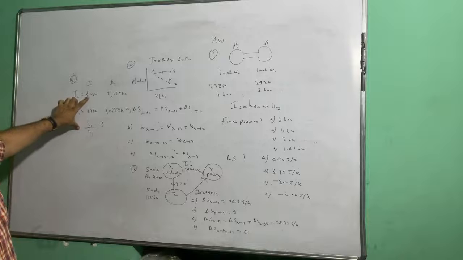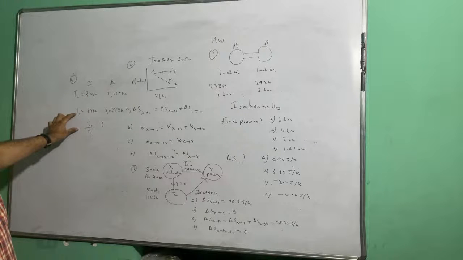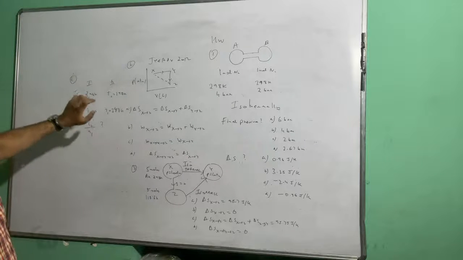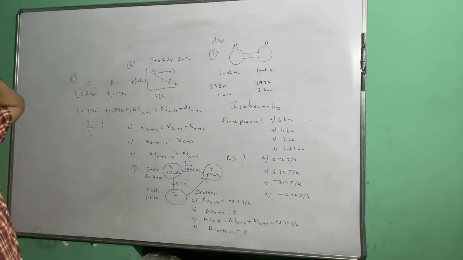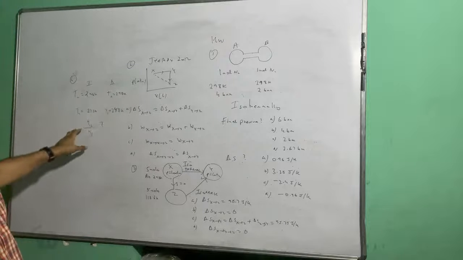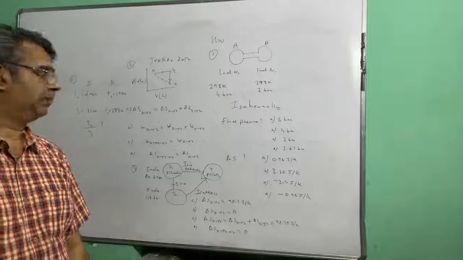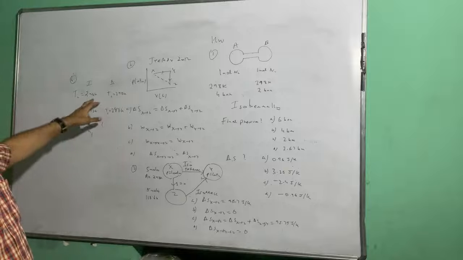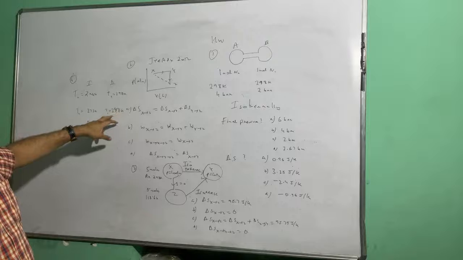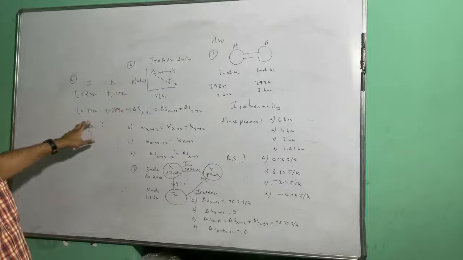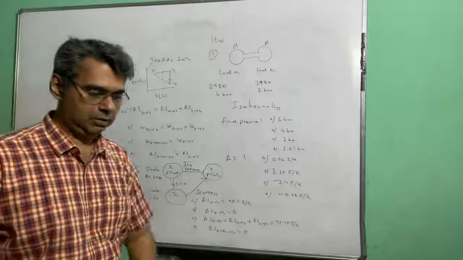So if T2 is 298 and T1 is 273, that is condition 1. If T2 is 298, T1 is 240, that is condition 2. So the question is, find the efficiency of 2 divided by the efficiency of 1. T2 298, T1 273, that is 1. T2 298, T1 240, that is 2. So find efficiency of 2 by efficiency of 1.